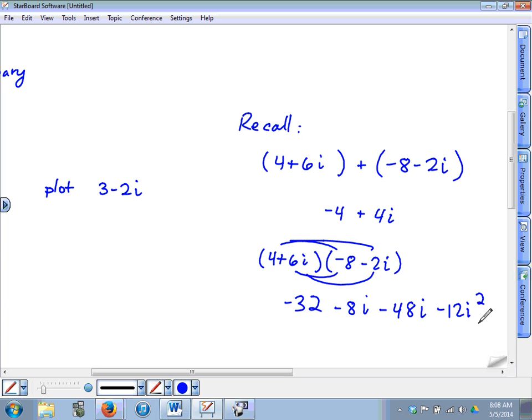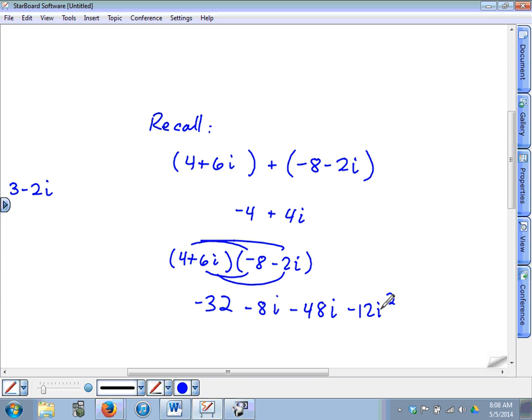We FOILed. i squared is really negative 1. Negative 1 times negative 12 is 12. You're right. So that becomes a positive 12. When combined with negative 32, makes negative 20 minus 56i. So all of this stuff I think you guys learned how to do last year in Algebra 2.